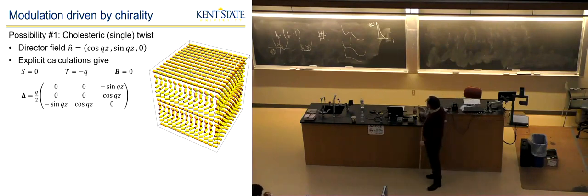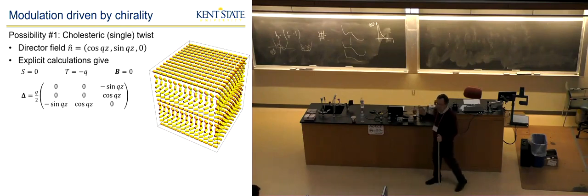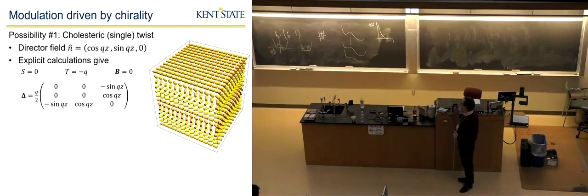It could be represented mathematically as a director that looks like this: cos of wave vector times z, sine of wave vector times z, comma 0. We can calculate the director deformation modes associated with this. Splay is 0, twist is non-zero, bend is 0, delta is non-zero. So here is a place where I suggest it's actually important to think about delta.